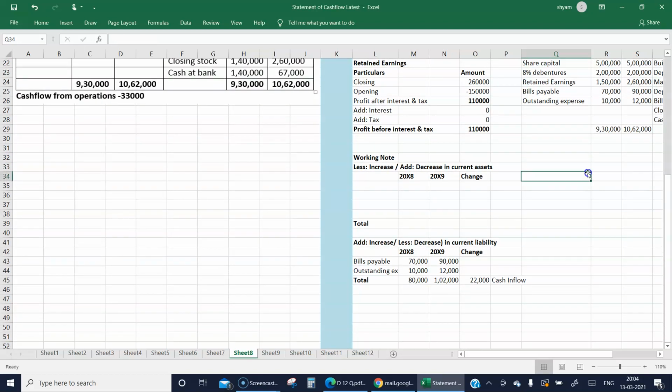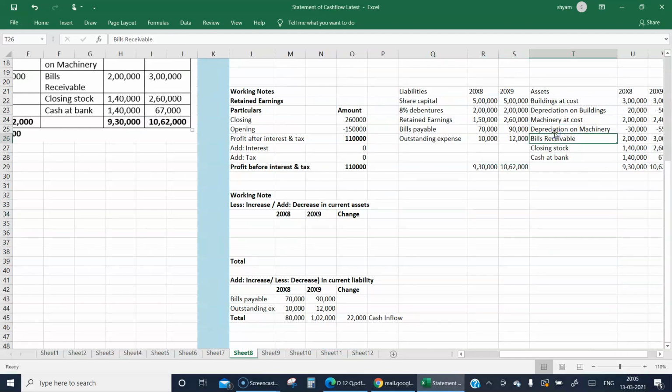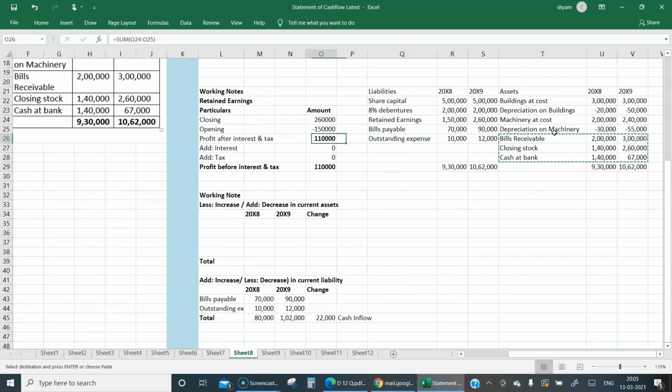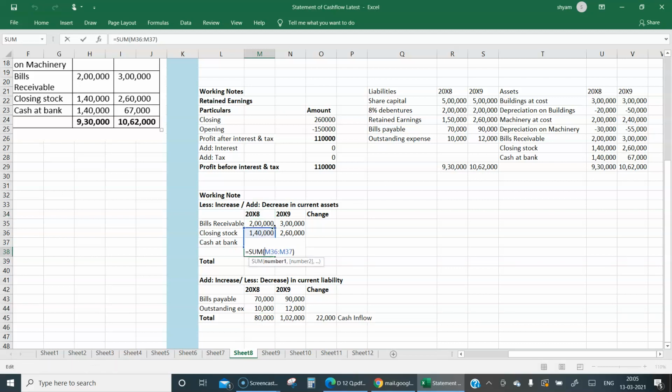Now we'll do the same for the current asset side. So current asset side, we have three items. Again, we'll add them. We'll get the difference.